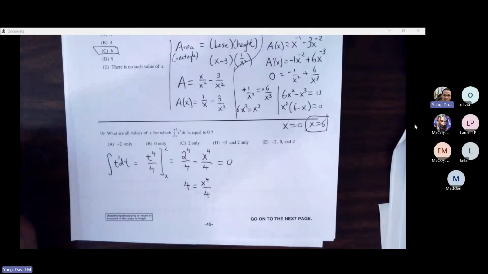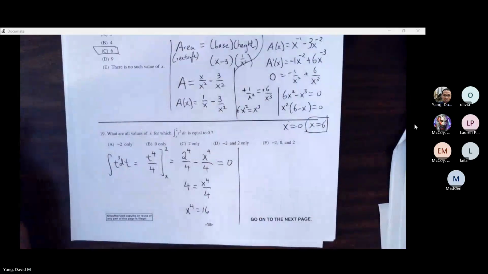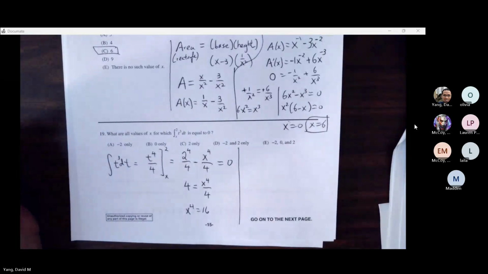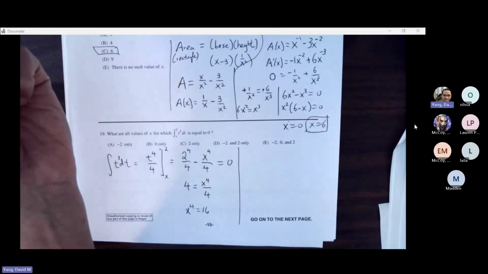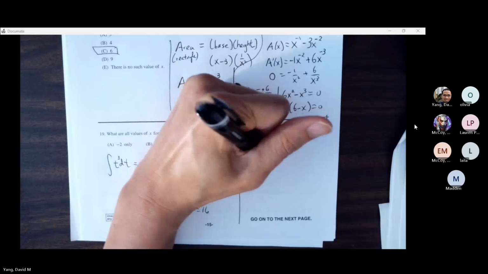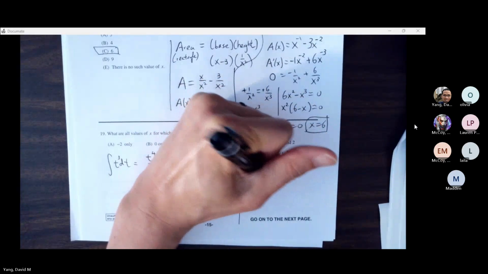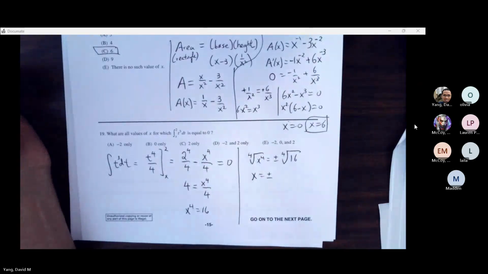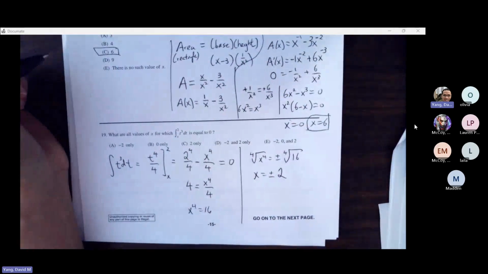Set them equal to each other, cross multiply. Take the square root of both sides, or the fourth root of both sides. So fourth root is asking, okay, what four of the same numbers multiplied together can get us 16? And I'll get 2, so plus or minus 2.